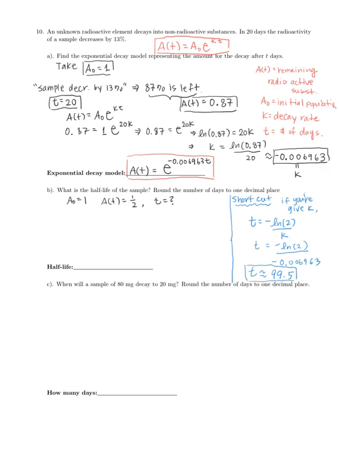Feel free to use it, but if I have to do this formally, let's just go back to what we were doing before. Now here what we're going to get is what? Plug this into the formula. A of t equals a sub 0 e to the kt. But we already have the model above, so let me rewrite this.